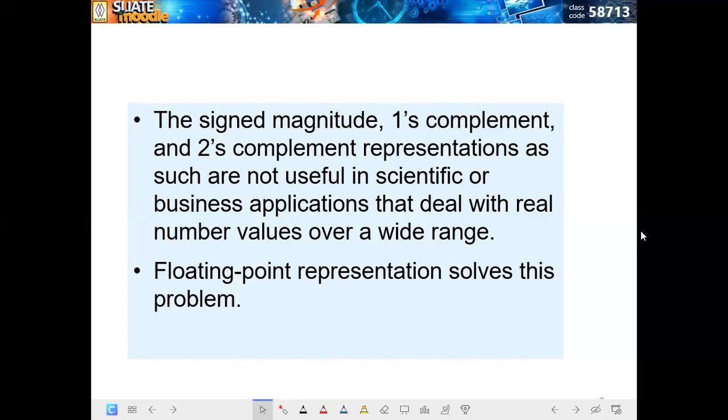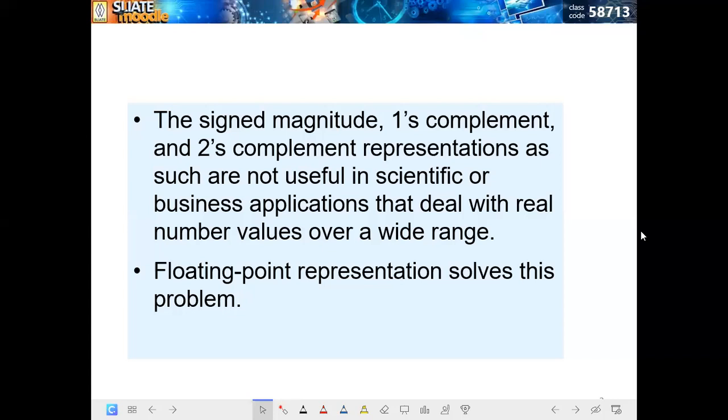Because of these things, we need another method of representing numbers. Especially in scientific calculations, we have to work with lengthy numbers, and most of them can have fractional parts.